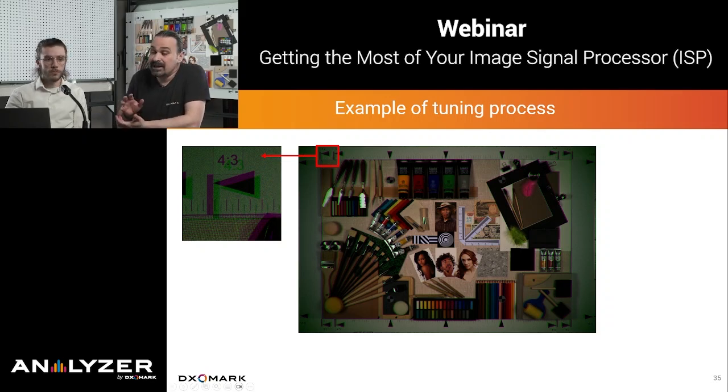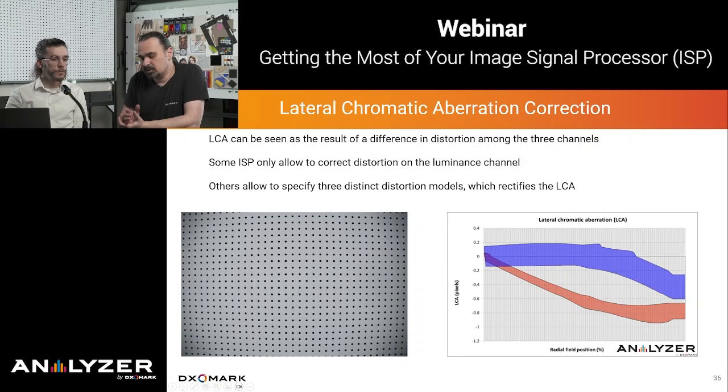So correcting it comes down to measuring the distortion per channel. Now, it depends on how your pipeline works, and that's why there are also different color spaces.